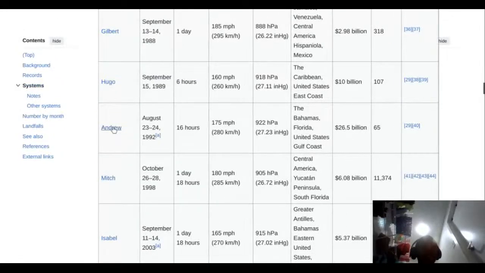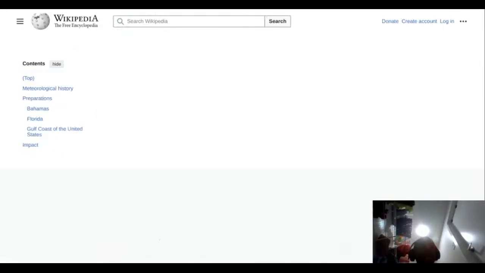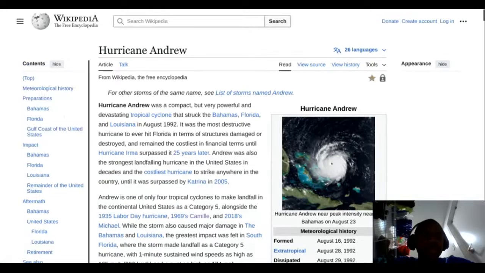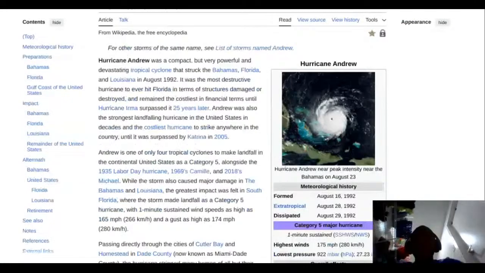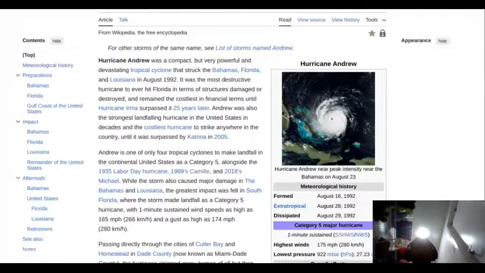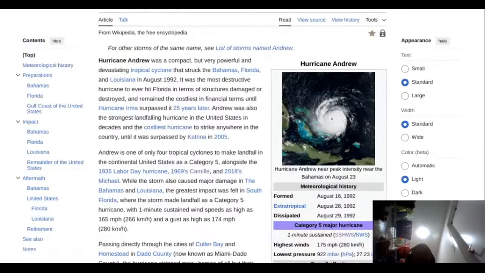Here is Hurricane Andrew. Okay, Hurricane Andrew formed on August 16th, 1992, and it dissipated on August 29th, 1992.